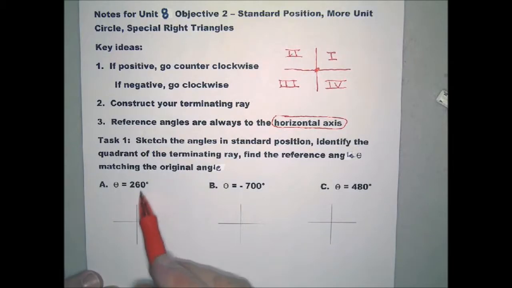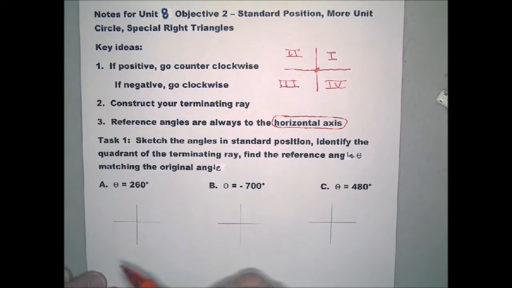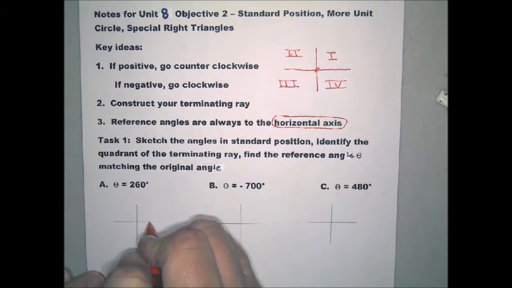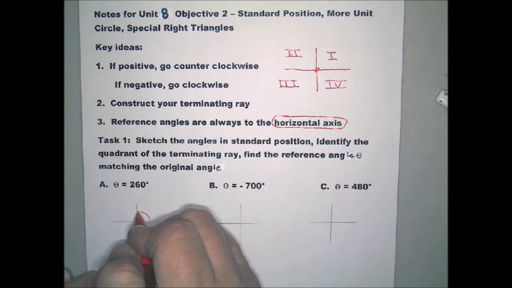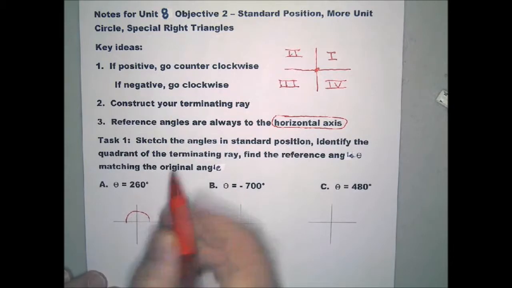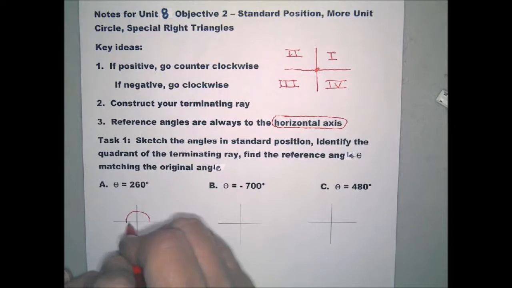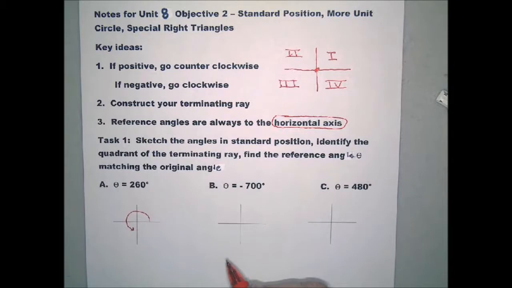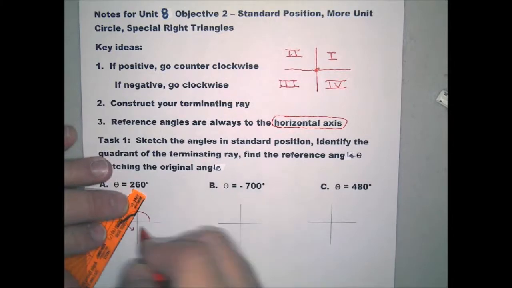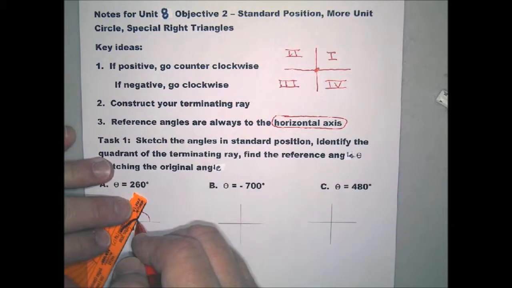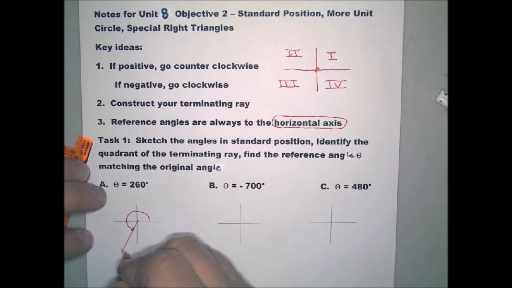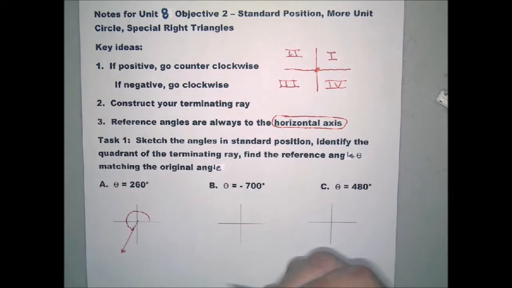If angle theta is 260 degrees, where is angle theta? Well, it's positive, so we're going to go in the counterclockwise direction. I know I make it past 90. I know I make it past 180, but I also know right down here is 270, and I don't quite make it. So there's my terminating ray, right there. It's a little bit short of 270 degrees.